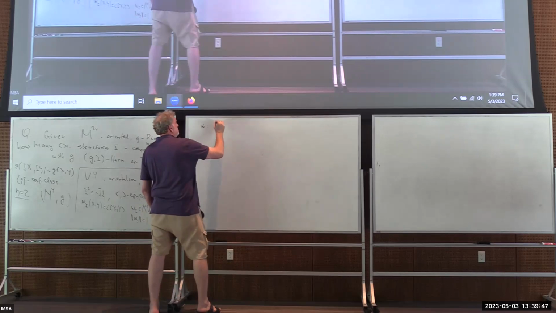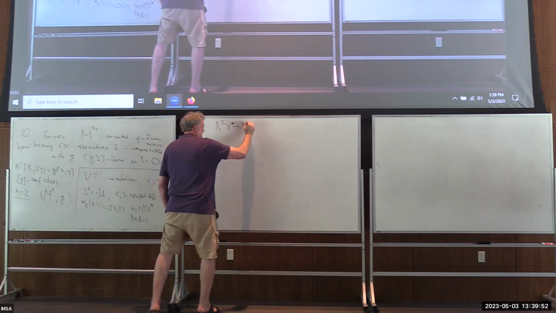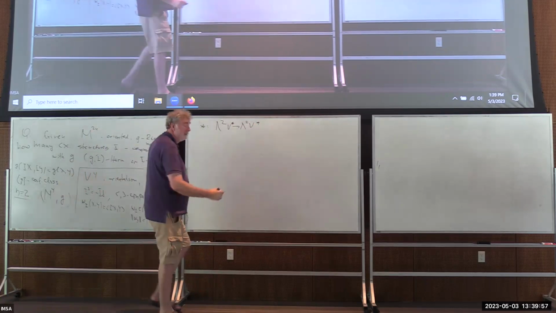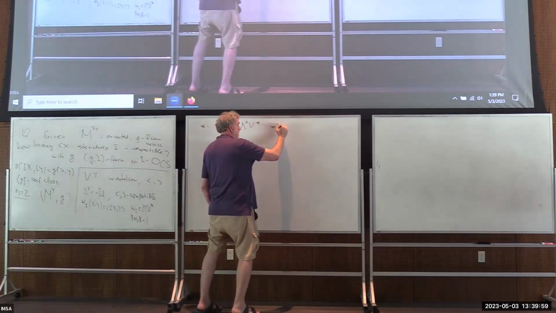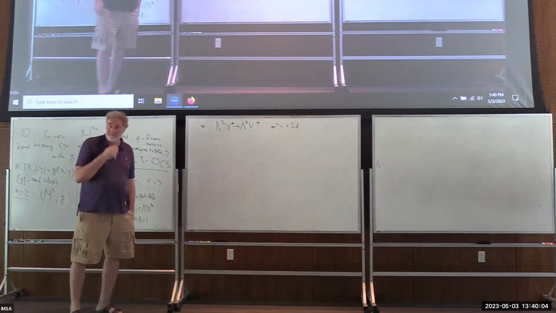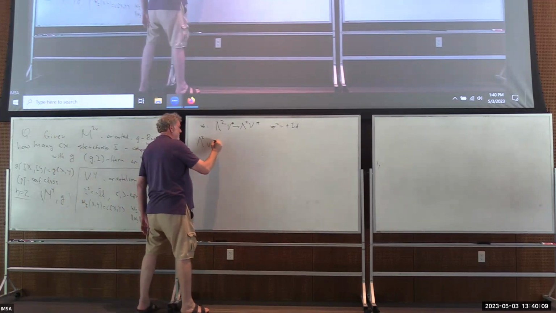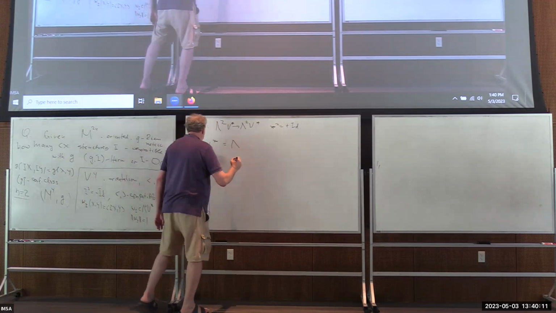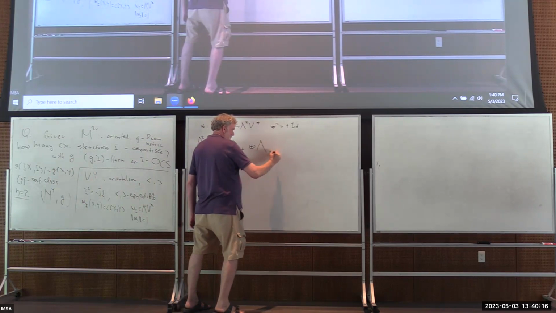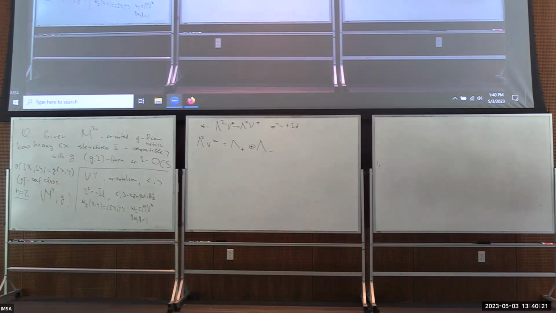And the nice thing is the star operator, which on two-forms has eigenvalues plus and minus one, which means that our space of two-forms is split into eigenspaces.